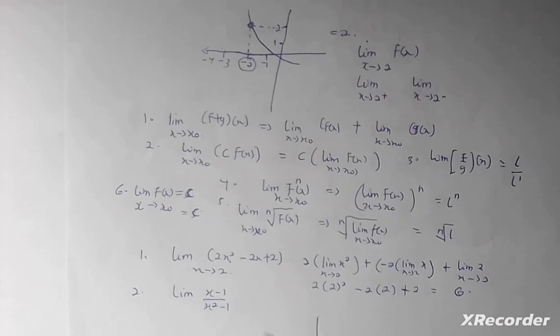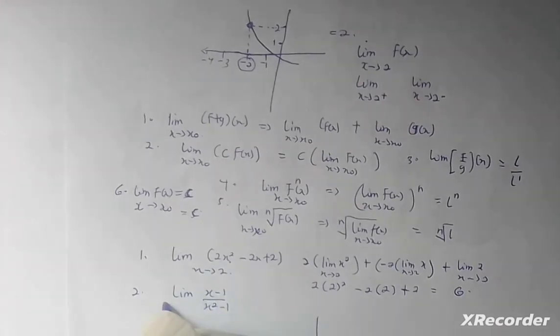So if you have the limit of this as x approaches 1, you know from maths, when you get a denominator to be 0, it makes the whole rational function undefined. So we always do away with that. So how do we go about this? If I am to put 1 just here, I'll get 1 minus 1 over 1 minus 1, and that is going to give me 0 over 0, which is not allowed.